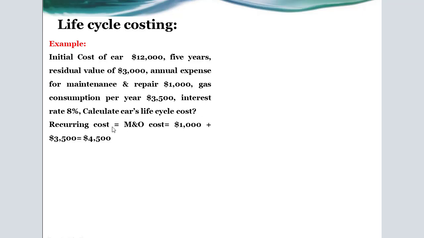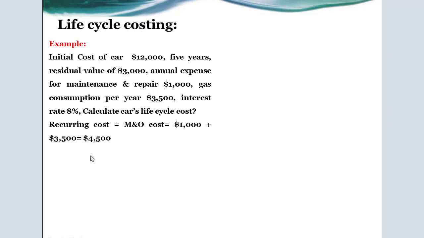It also gives us information on how we can calculate the recurring cost, which represents operation and maintenance cost, that is equal to the repair 1,000 plus the fuel consumption.